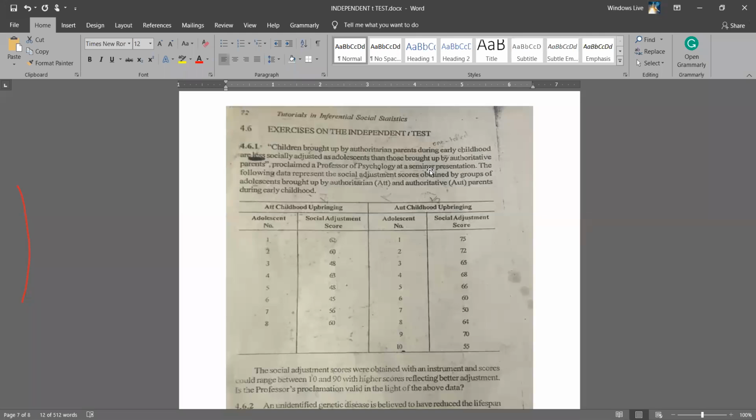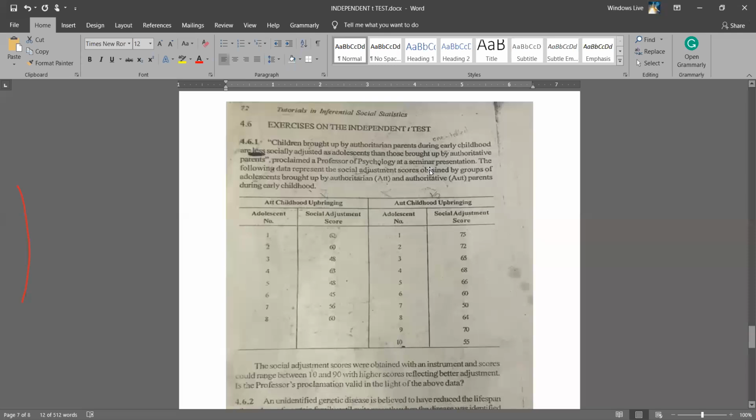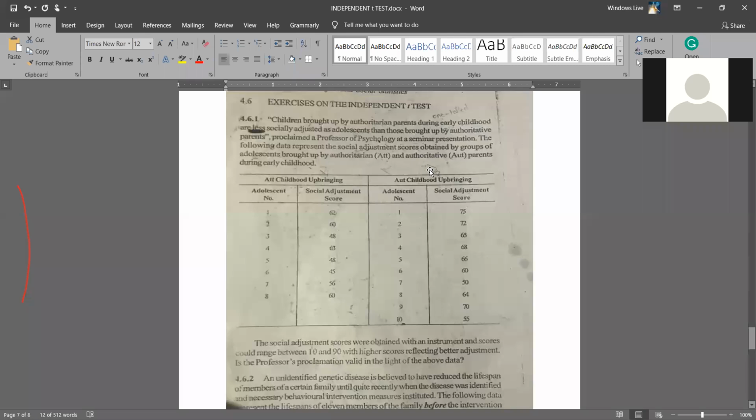The following data represent the social adjustment scores obtained by groups of adolescents brought up by authoritarian and authoritative parents during early childhood. The social adjustment scores were obtained with an instrument, and scores could range between 10 and 90, with higher scores reflecting better adjustment. Then they've indicated, is the professor's proclamation valid in the light of the above data?